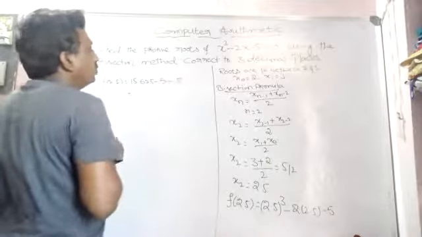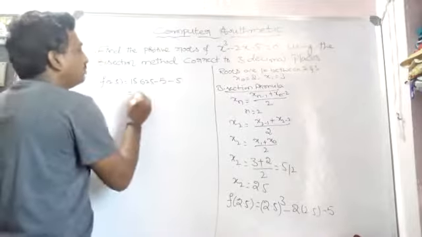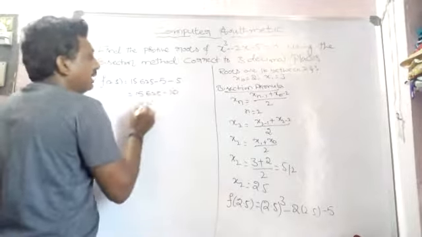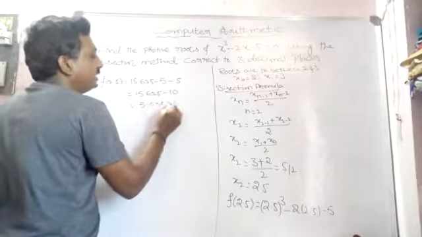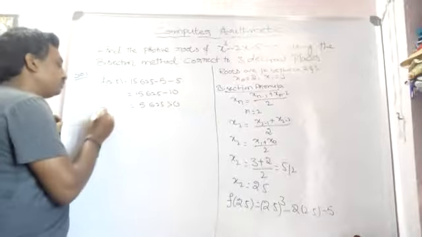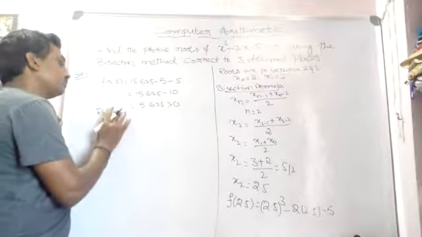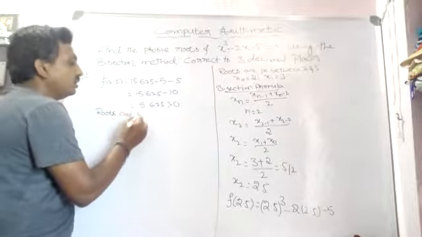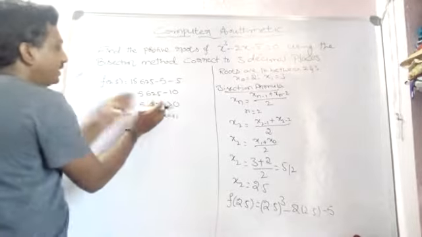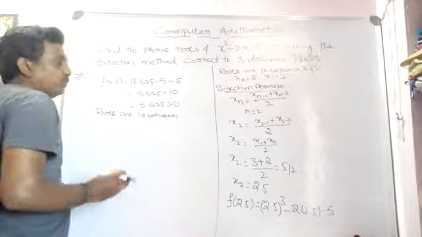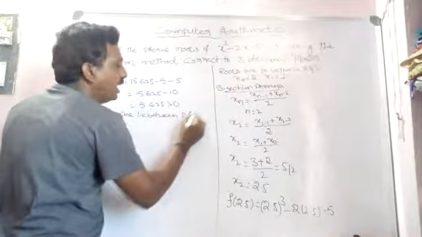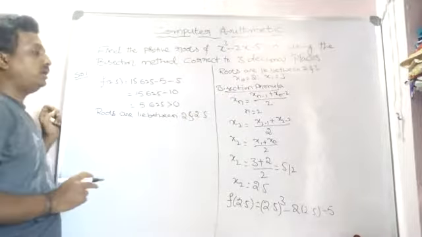That equals 15.625 minus 10, that is 5.625. So it is greater than 0. So now the root lies between 2.5 and the value before it, which is 2. So 2 and 2.5.